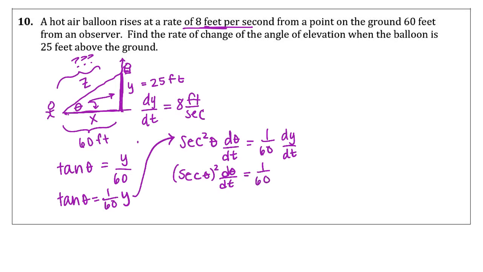We know dy dt is 8, so I'm going to plug that in. If we knew this value, which is hypotenuse over adjacent, then we would be in good shape. So let's draw our triangle again. This side is stuck at 60, and we want to know what's going on when this side is 25.